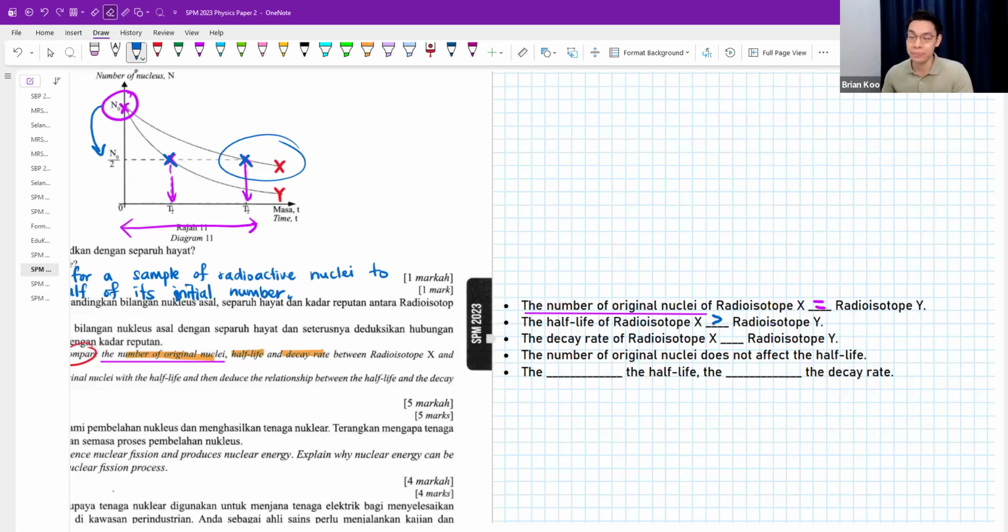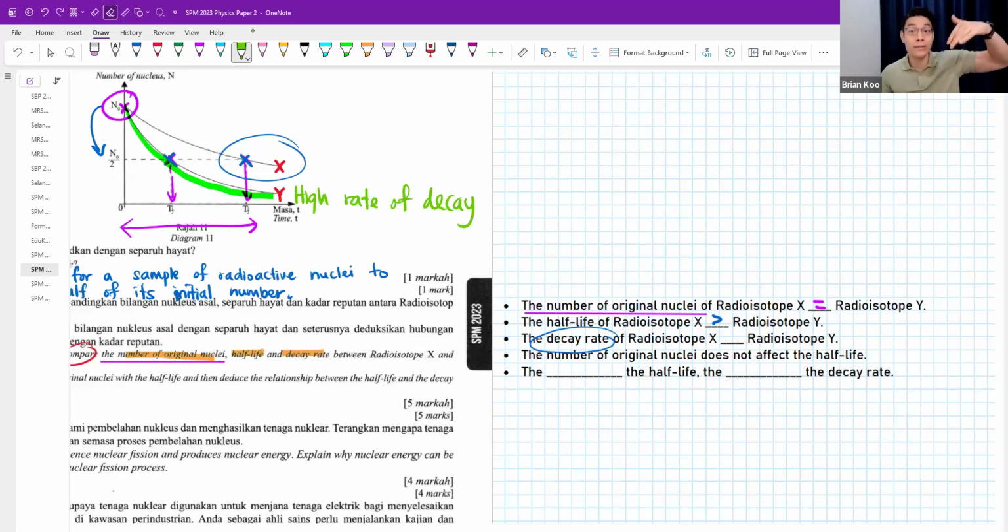The decay rate means how fast it decays, how fast it falls down. Can you see that the graph for Y falls down very fast, decays very fast? So Y has a higher rate of decay.